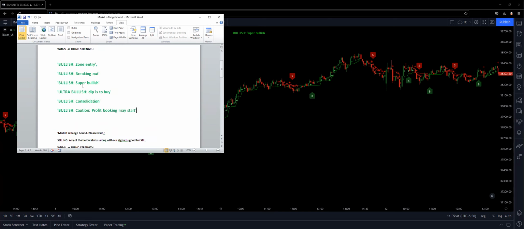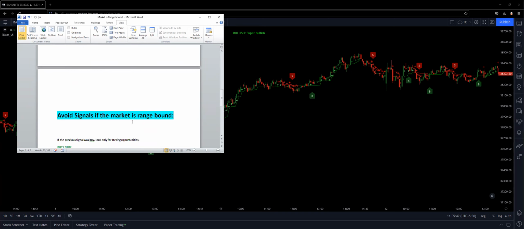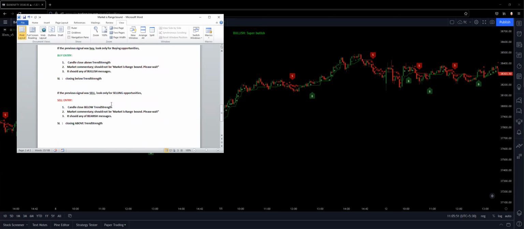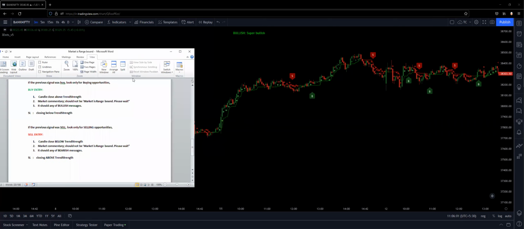Zone entry, breaking out, super, any of these messages should be there on the market commentary. And market commentary should not say market is range bound, right? It should have the buy messages, and it should not have the market is range bound message.